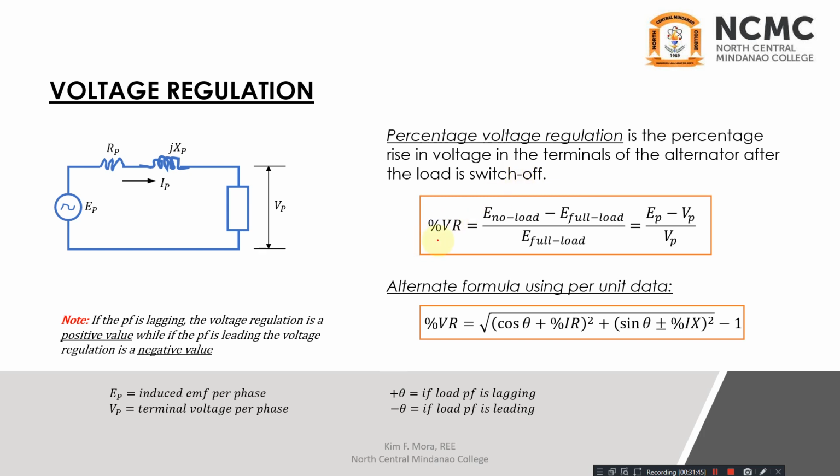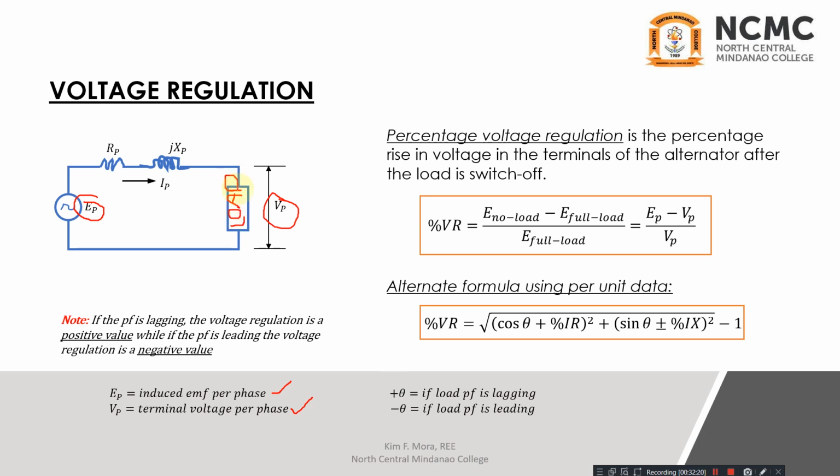The formula for solving the percentage voltage regulation is equal to E no load minus full load over full load, or that is EP minus VP over VP. Again, EP is the induced EMF per phase. Then VP is the terminal voltage per phase, that is at the load. This is our load.